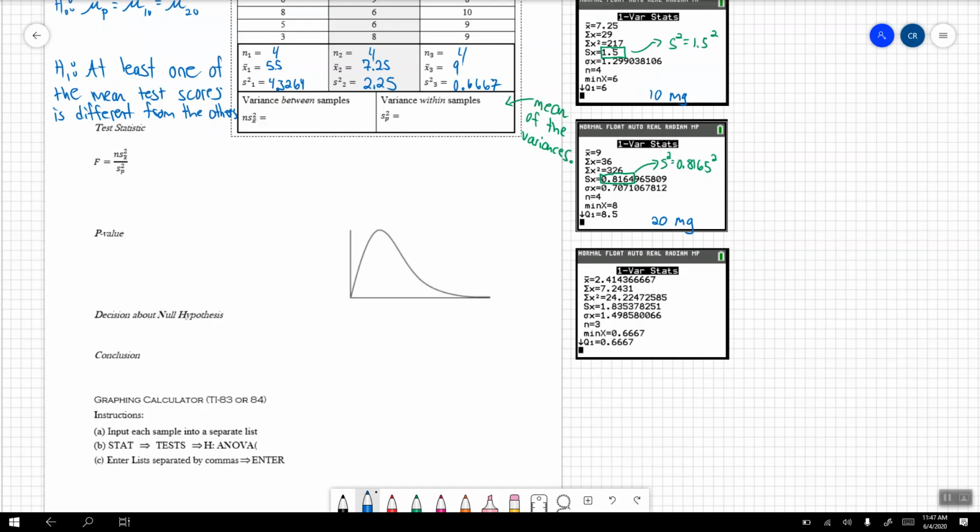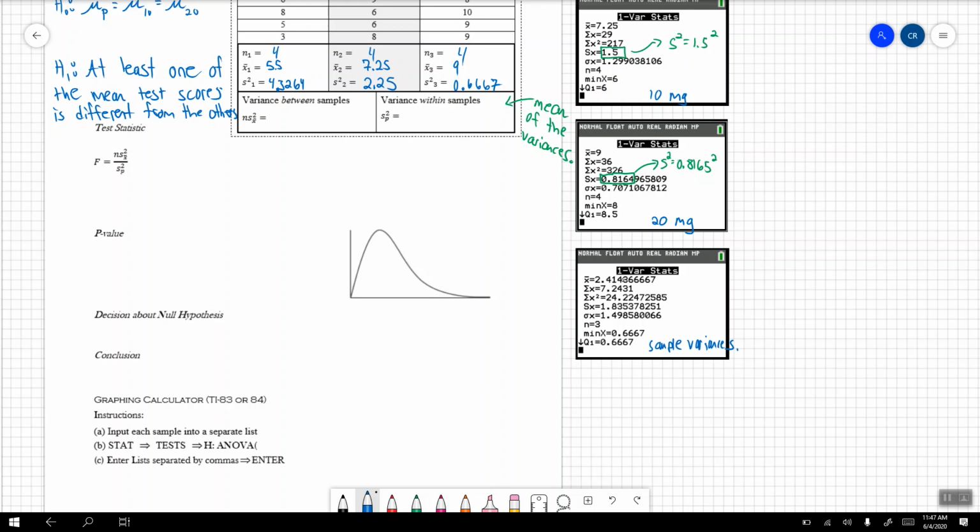Alright, so this new list that we generated here is the list that contains all of the sample variances. I'm just going to say sample variances. There we go.